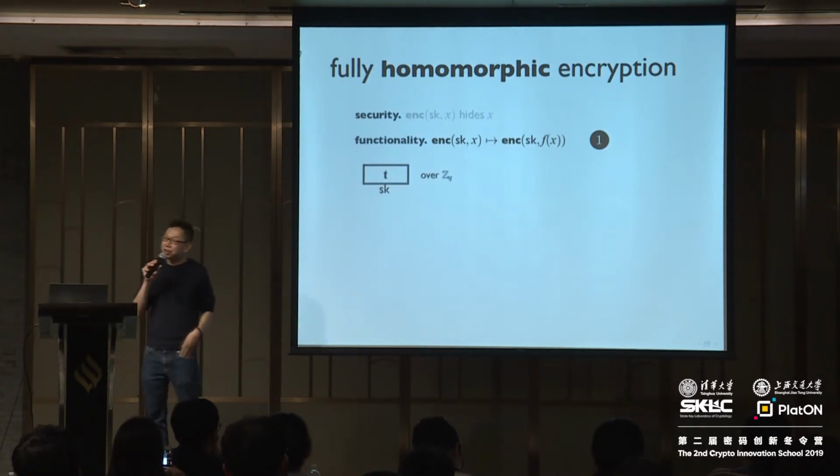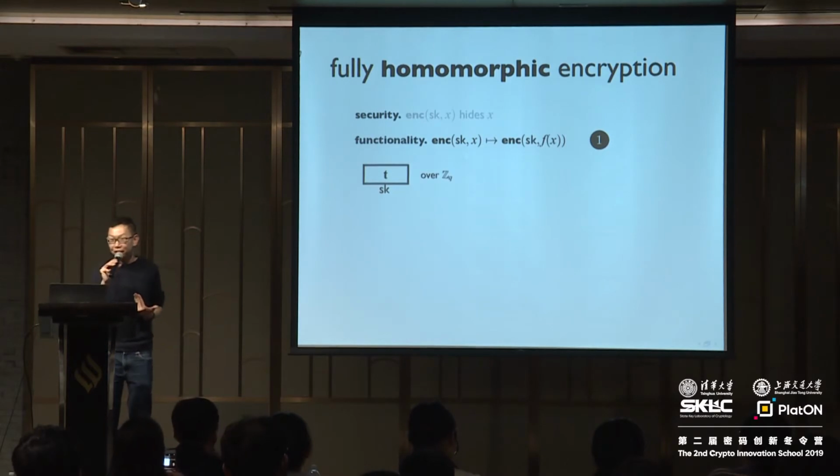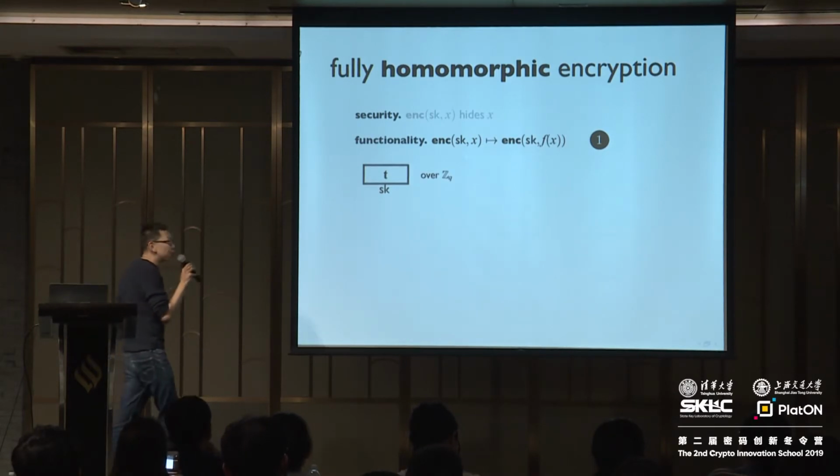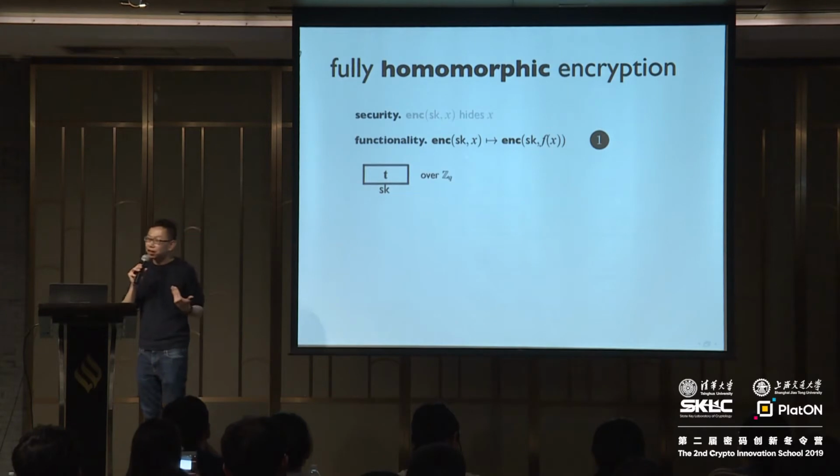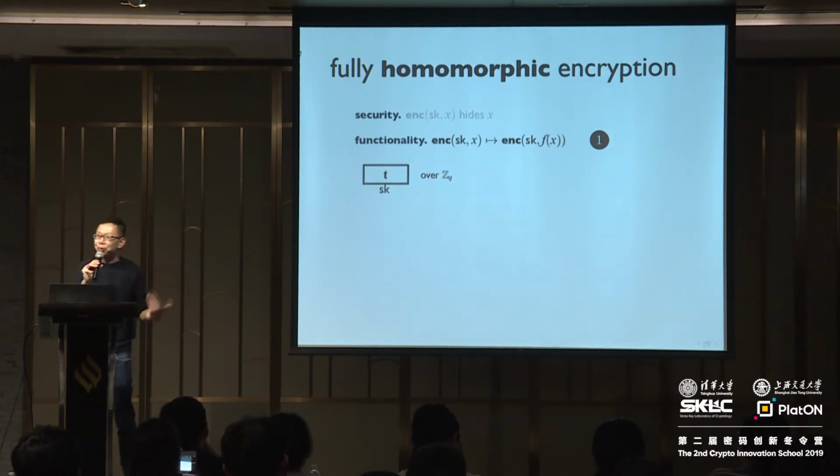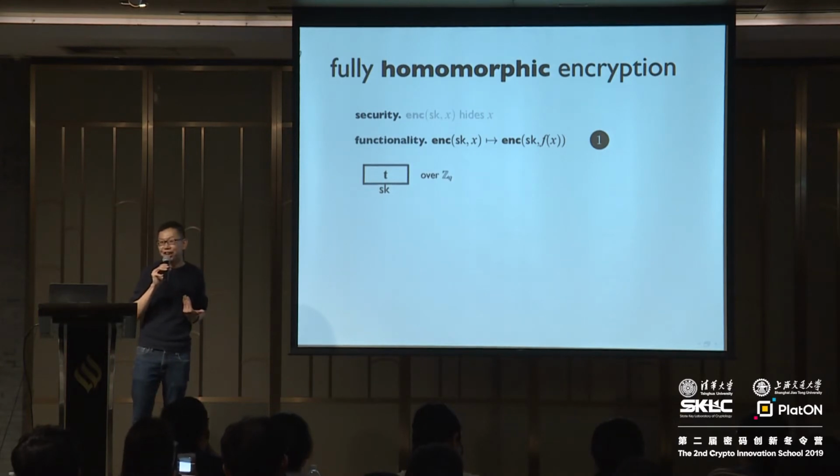To specify the encryption scheme, first let me tell you what the secret key is. The secret key is going to be a row vector defined over Z_Q. Throughout this talk, we're going to be working over Z_Q, the modulus that we typically use for LWE.